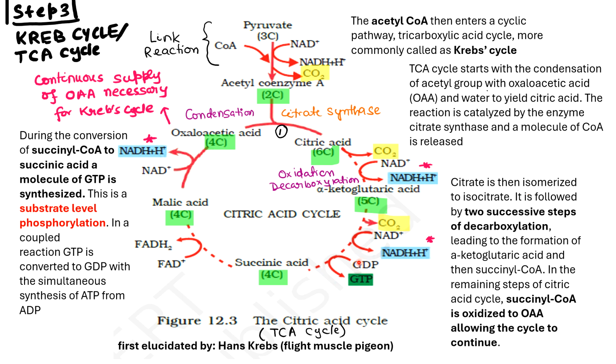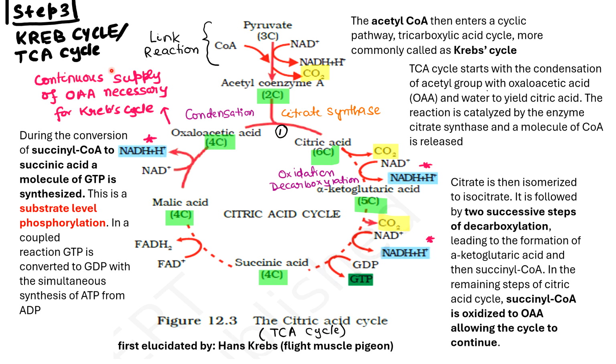So these important steps take place: two decarboxylation steps, three steps of reduction of NAD plus to NADH, one step of reduction of FAD plus to FADH2, as well as a substrate level phosphorylation leading to formation of GTP, and all these steps lead to the regeneration of the oxaloacetic acid, which starts the citric acid cycle.